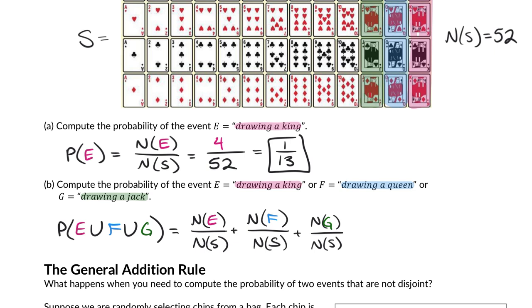And since they're all disjoint, there's no overlap, all we have to do is add together the probabilities, or the numbers, which there are 4 kings out of 52, 4 queens out of 52, and 4 jacks out of 52.